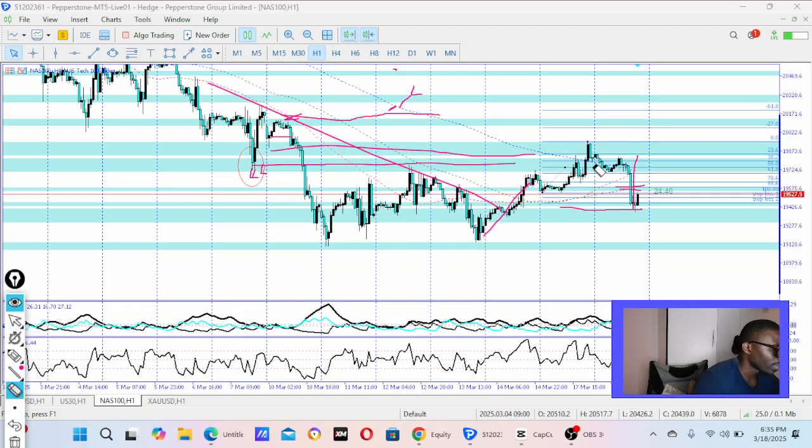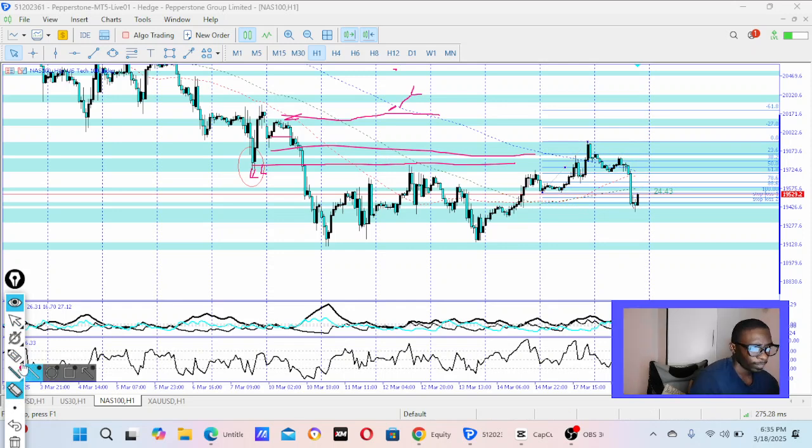If I had waited for a signal, a proper sell was supposed to be here. This all here was price creating some kind of liquidity. So a proper sell was supposed to be here. Those are the two sells that I want to talk about. Psychological losses, that's what I called it.